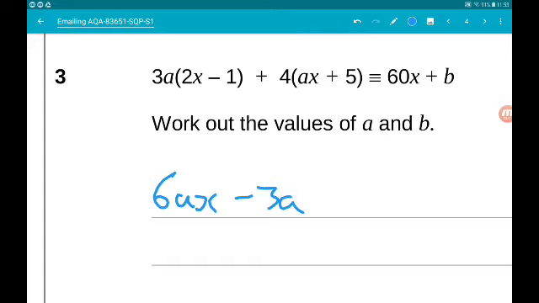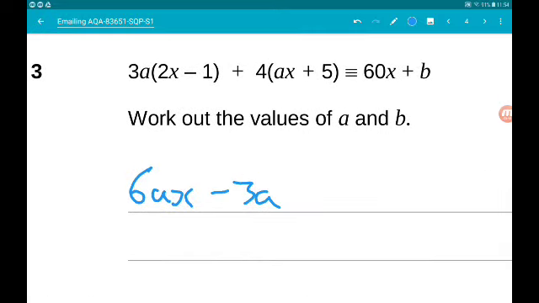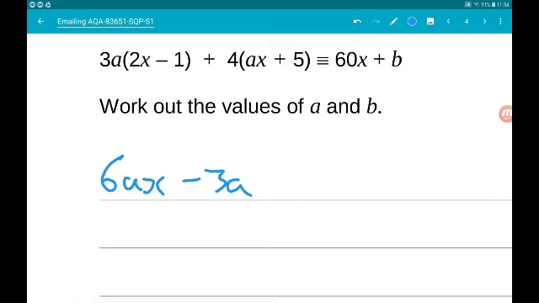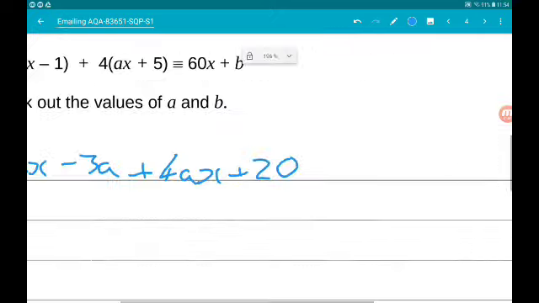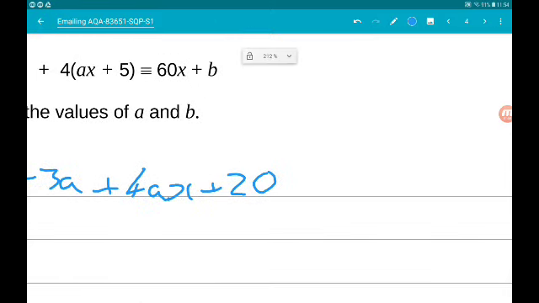And then we get 4ax, so add 4ax, and then add 20. Now that is identical to 60x add b.